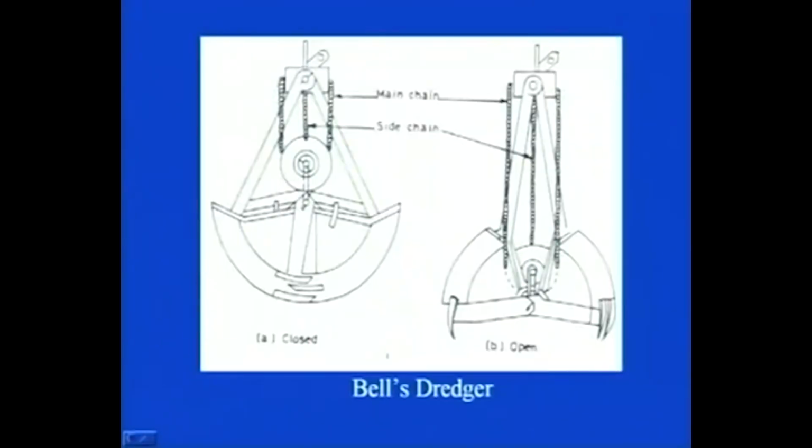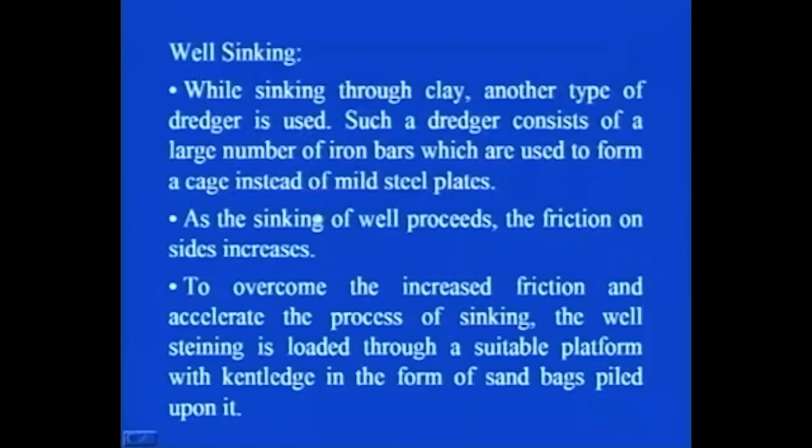You can see here, when you are lowering it down, it is in open position. When you take this out, it becomes closed and takes the form of a bucket, filled with the excavated material. So, you can take this out and empty it, and then again lower it in open position.